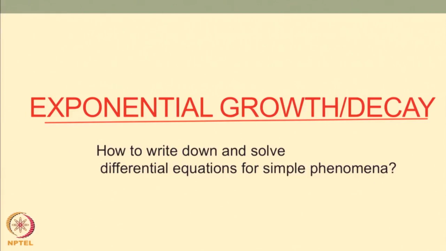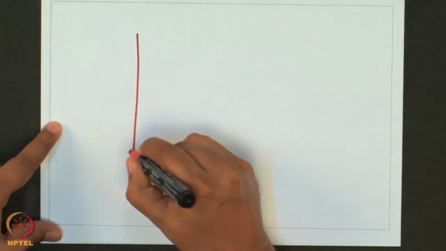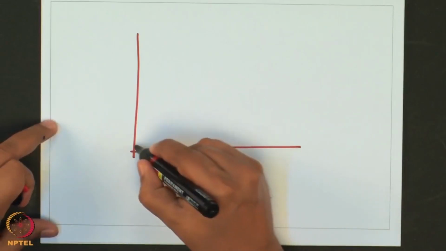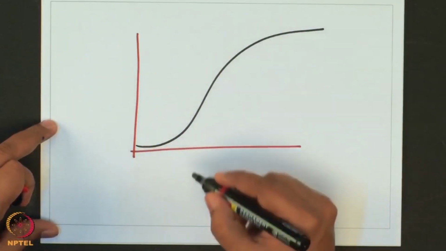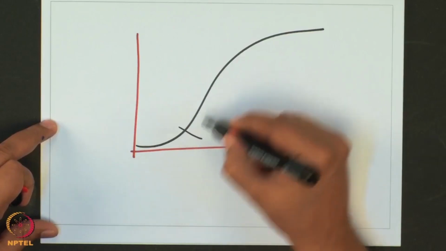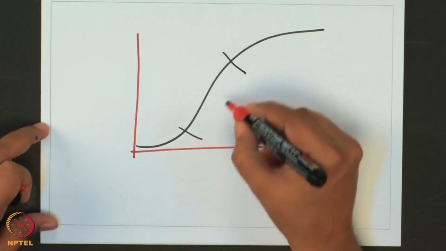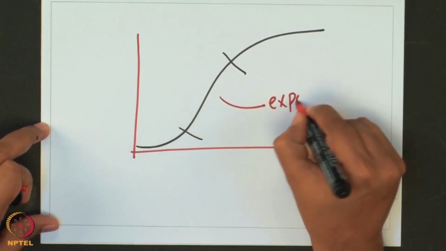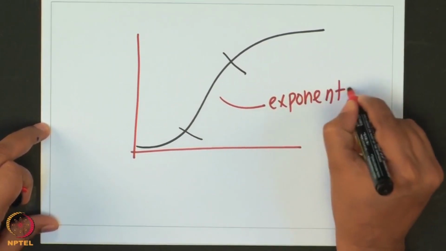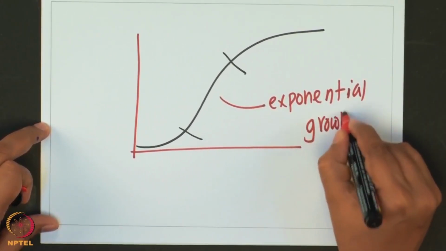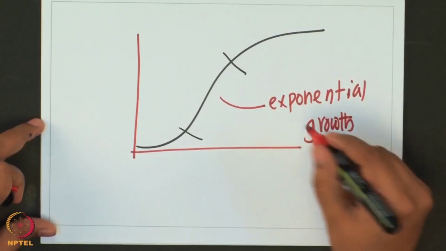We know examples of growth, and we know a lot about the growth curve. When we see a growth curve, it looks something like this. In this, there is some part which is the exponential growth. Why do we call it exponential growth?